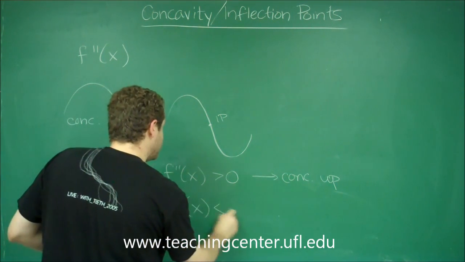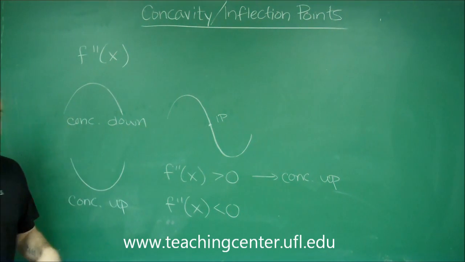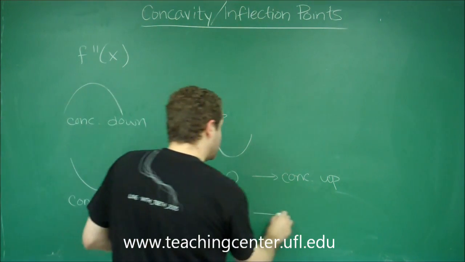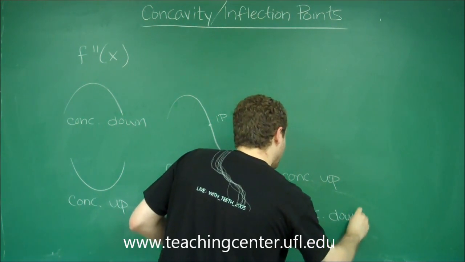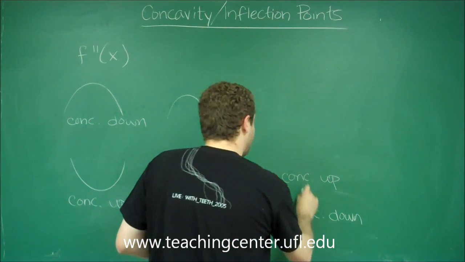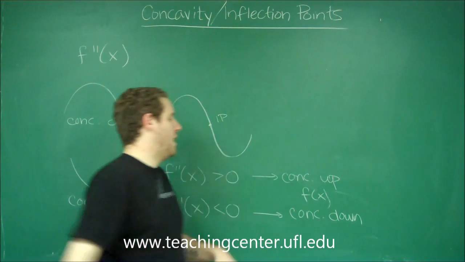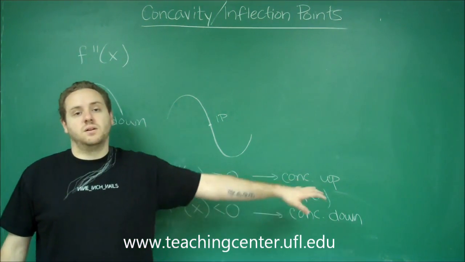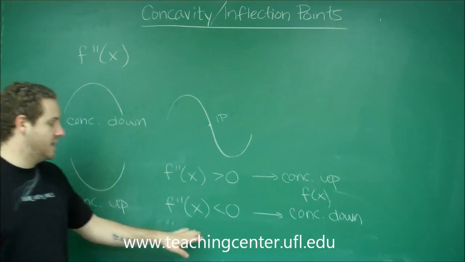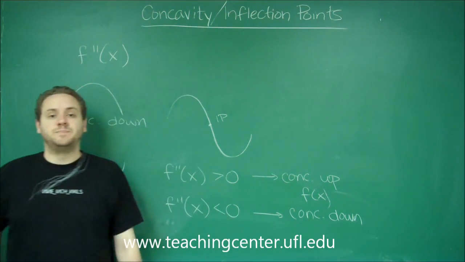If the second derivative is negative, that implies that the function is concave down. Remember that concavity is a property of f of x. So if the second derivative of f is positive, then f is concave up. If the second derivative of f is negative, then f is concave down.